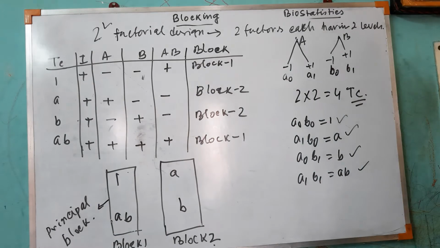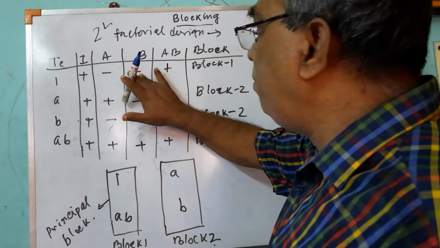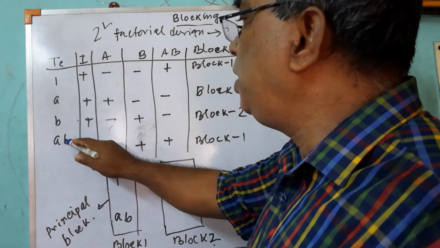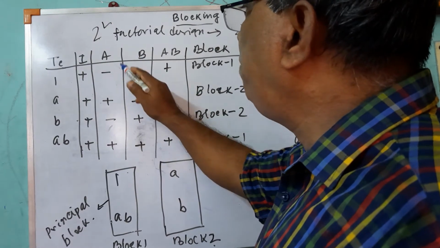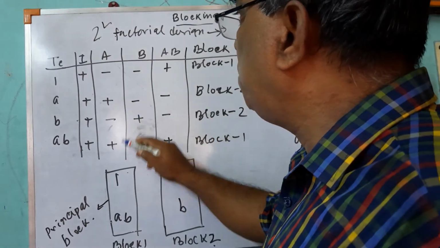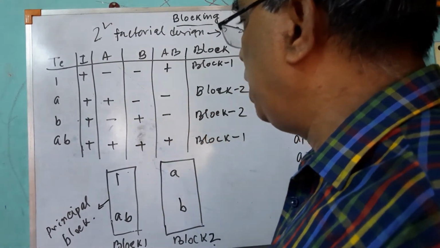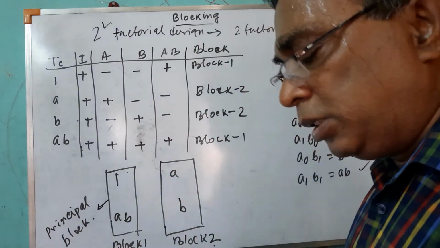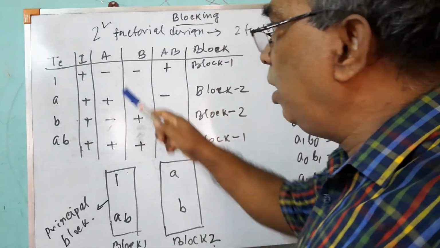Now one thing I must say, suppose I am arranging this 1, A, B, AB. For A I have taken minus, plus, minus, plus, and for B minus, minus, plus, plus. Now you may ask, sir, why you are doing this?